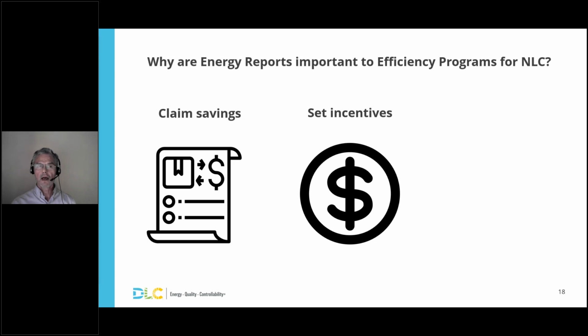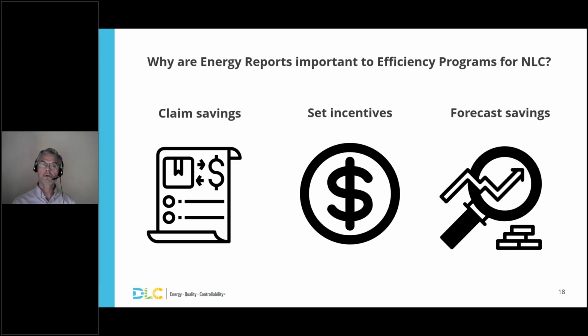In addition, a record of energy savings from past NLC projects can help to forecast the energy savings from future projects. If energy reports were easily available from more NLC projects in a standard format that could be easily processed, that would help NLC incentive programs to scale up by streamlining program administration and justifying incentive amounts.